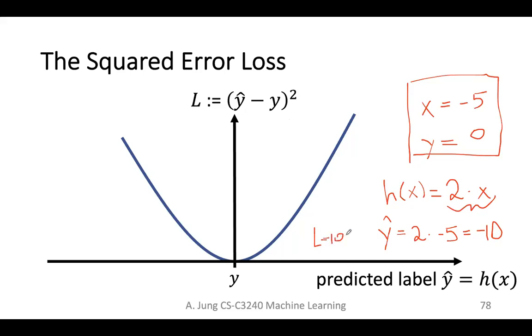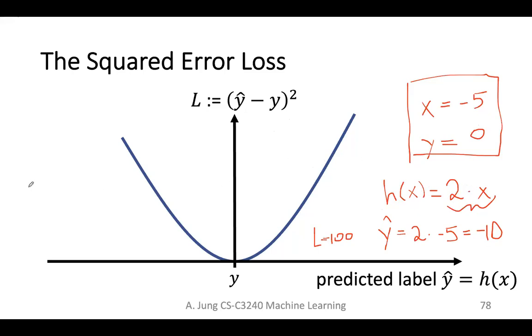So a loss is again a map, like a hypothesis, a map. This is maybe the only mathematical concept we need in this whole course, the concept of a map, a function. In this case, the loss takes as input a data point for which we know the feature and the label value. So here -5 and 0, and a hypothesis. So the hypothesis is here a linear function that multiplies the argument by 2.